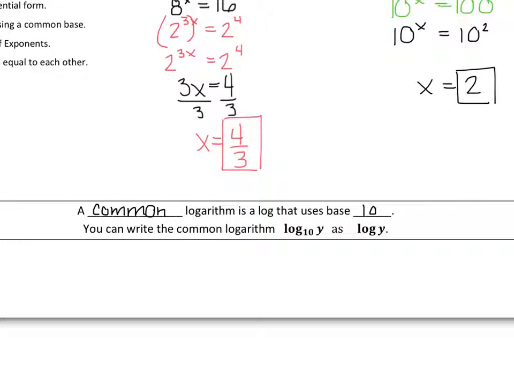It's the assumed. Okay, so you can write log base 10 of y. You can make that 10 disappear. There's only one s in disappear, isn't there?